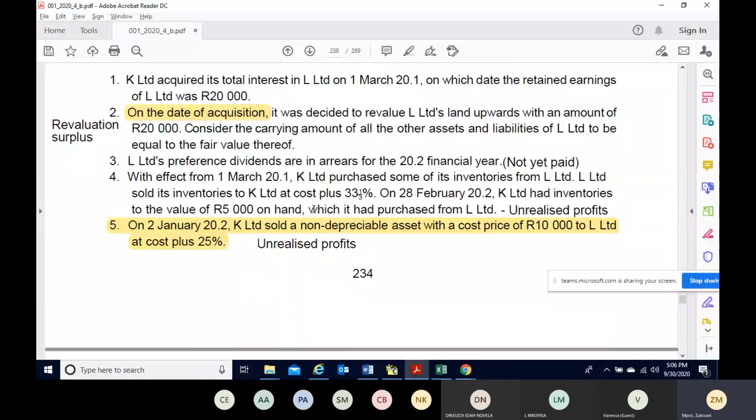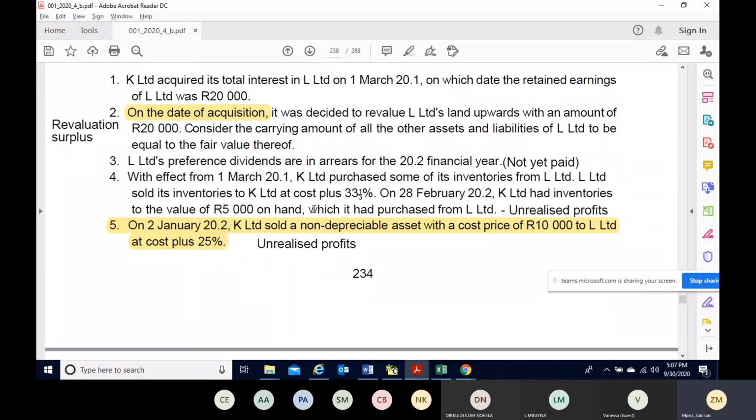Inventory is something that is in the ordinary course of activities being sold, whereas things such as property are hardly what you call items that you are selling in the ordinary activities of the business.